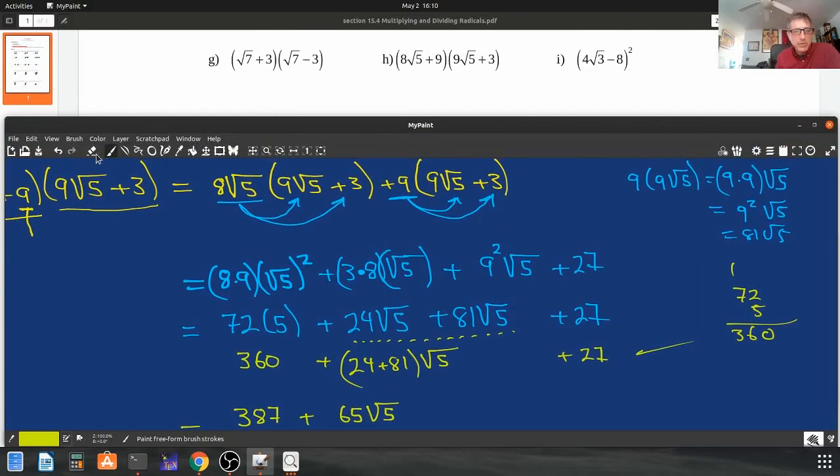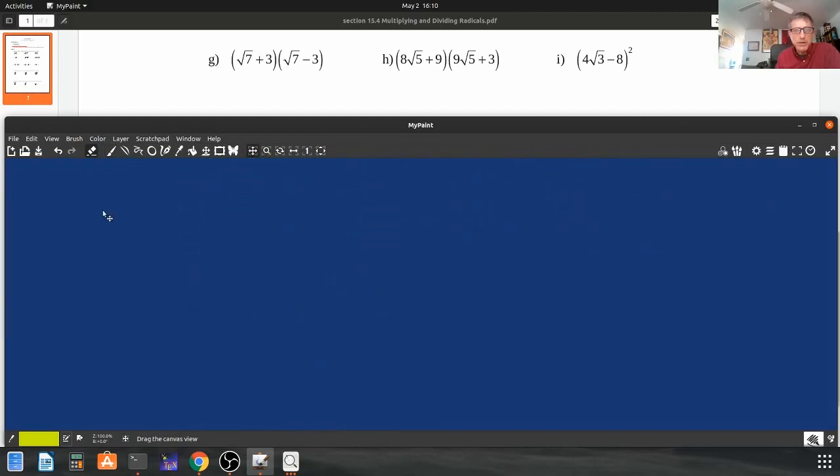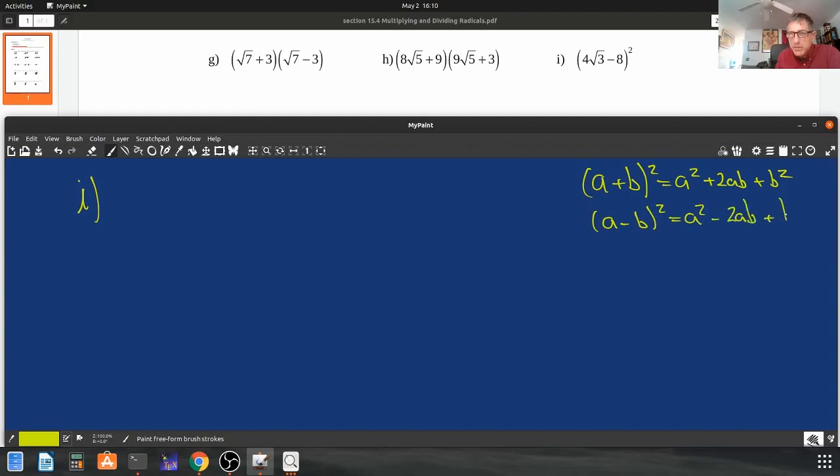And the last one. We're going to use the formula for squaring on this last one. Number I. So remember, a plus b squared is equal to a squared plus 2ab plus b squared. That's what we're going to use. Except in this case, we're using a minus b squared, which is a squared minus 2ab plus b squared.